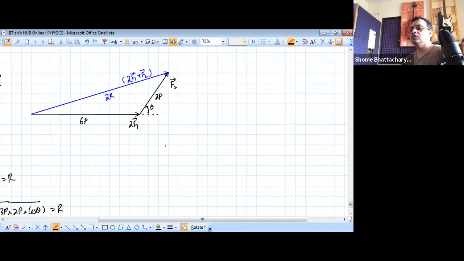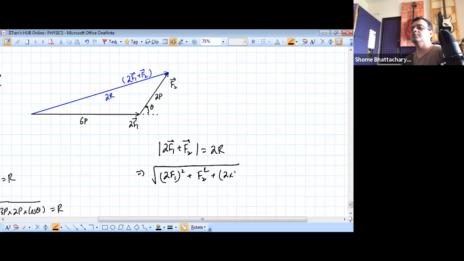So here, magnitude of 2f1 plus f2 is becoming equal to 2r. So that means square root of 2f1 square plus f2 square plus 2 times 2f1 f2 cos of the same angle theta should be equal to 2r. Okay. So 2f1 is basically 6p.